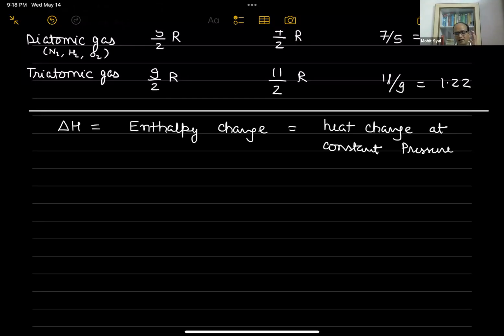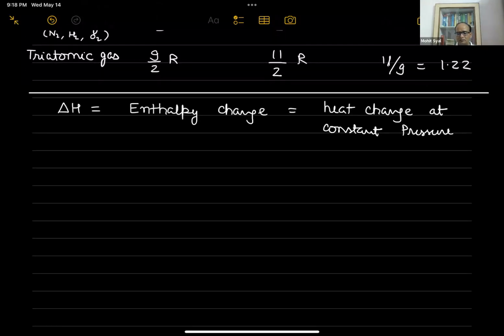If the heat is given into the system, that is positive. So what is the sign convention? If the heat goes into the system, it's taken as positive.